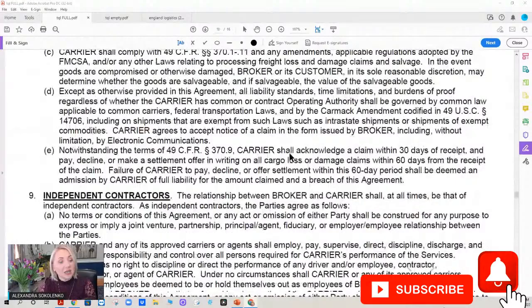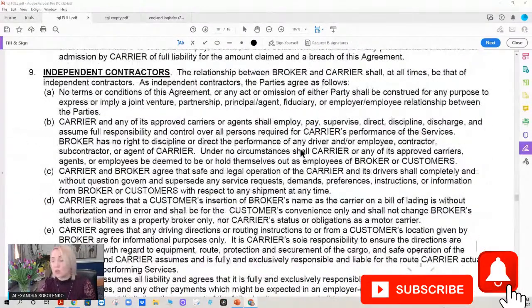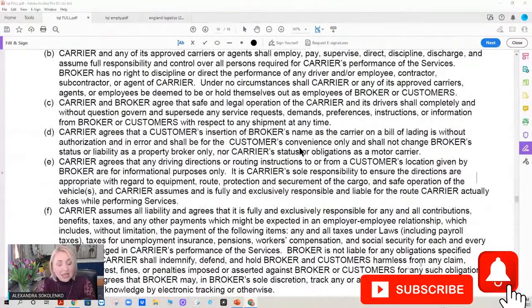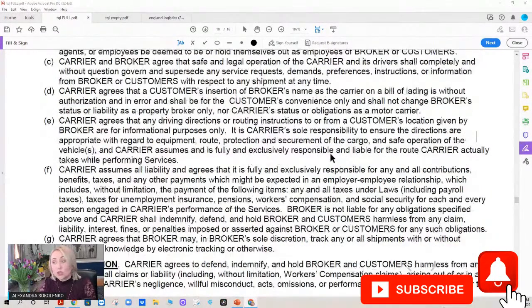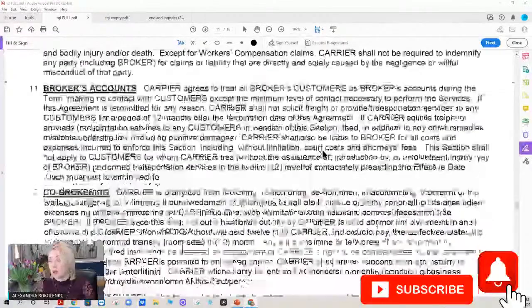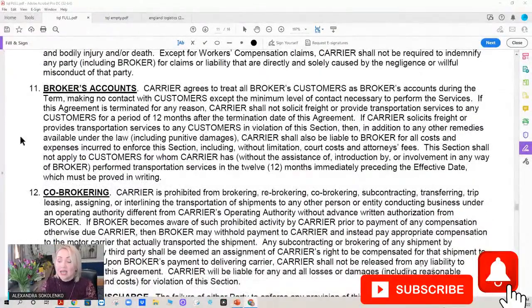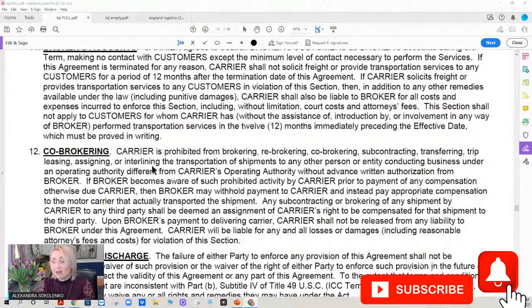You guys can read it in my classes. You guys receive this. But when you're getting set up, you are not an attorney. You're not the owner of the company. So what are you going to do? Usually you're going to scroll down, scroll down, scroll down. Look at this, another important one, co-brokering, right? They are telling you guys you cannot double broker their loads.